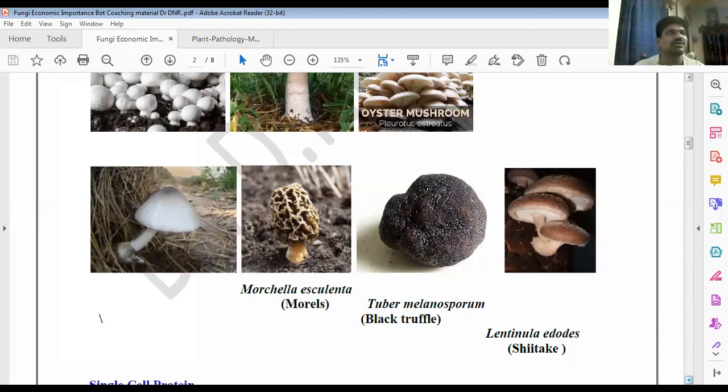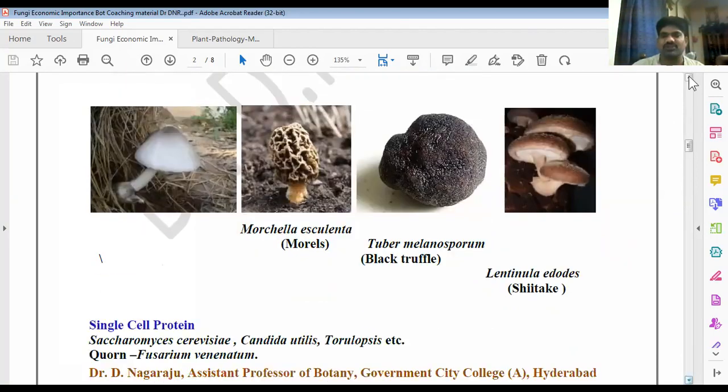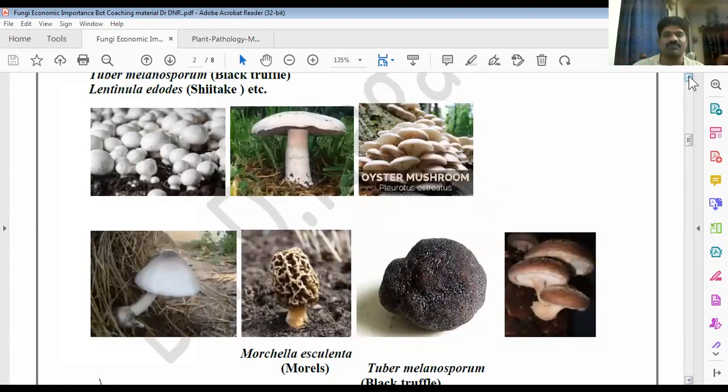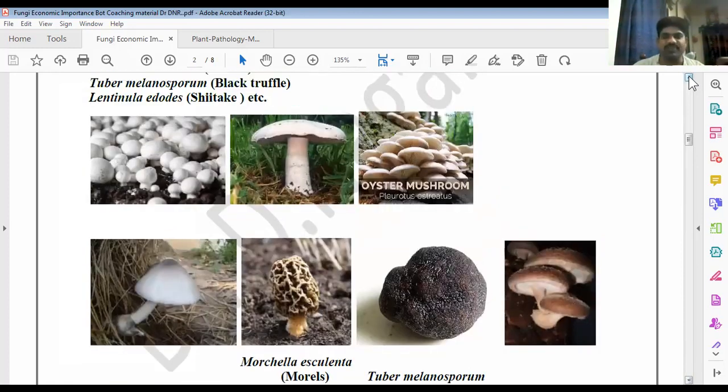Yellowish brown, earlobe-shaped structures upon the wood, on rotten wood, fallen trees and dried trees. That macrofungus is Ganoderma, a highly useful mushroom for cancer treatment.